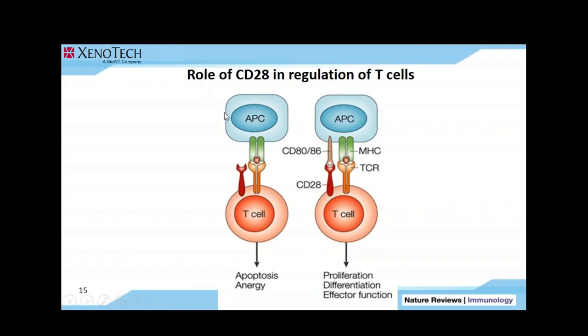You can imagine that application of an antibody engaging CD28 receptors on T cells may alleviate the situation when this engagement is incomplete. Incomplete engagement results in T cell apoptosis and anergy. Substituting CD80 or 86 with the anti-CD28 antibody may result in proliferation, differentiation, and effector functions of the T cells.